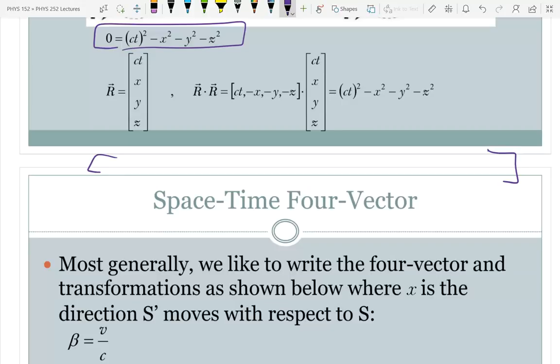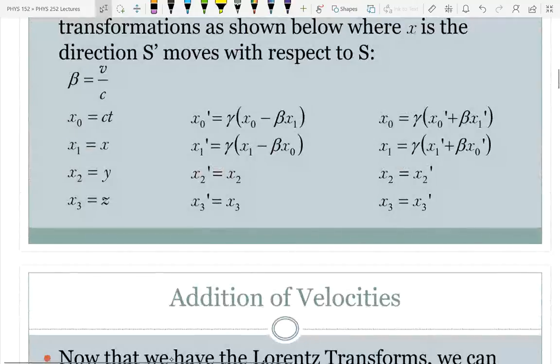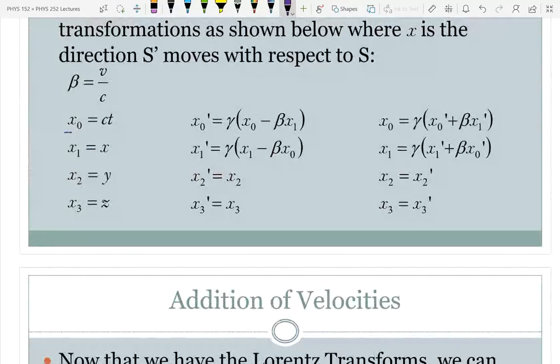And we took the equations for time dilation and length contraction, and compared the length in this reference frame and the length in that reference frame to get to these equations. But we got to these equations for our x0 is speed of light multiplied by time, x1 is just x, x2 is y, x3 is z. And then the transformations between x in one reference frame and another are these.